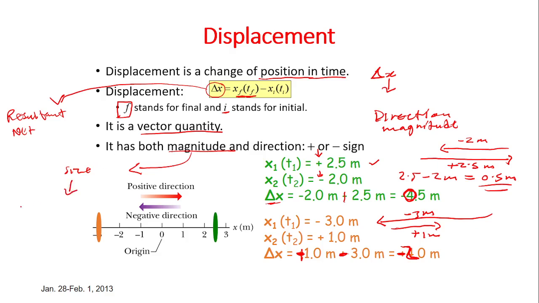The magnitude has the units and the number. The number we are talking about is the number in front, and the unit is just the meters. This displacement is explained more when we are discussing vectors.